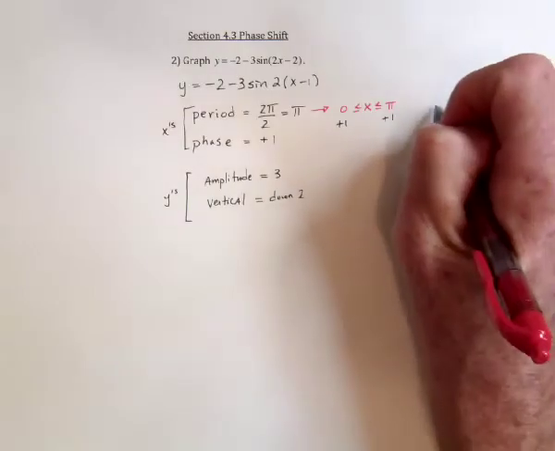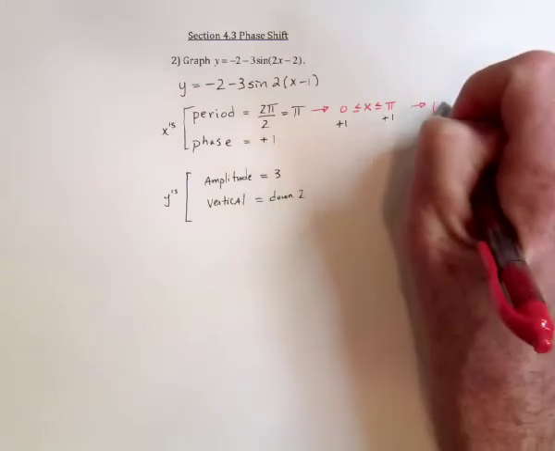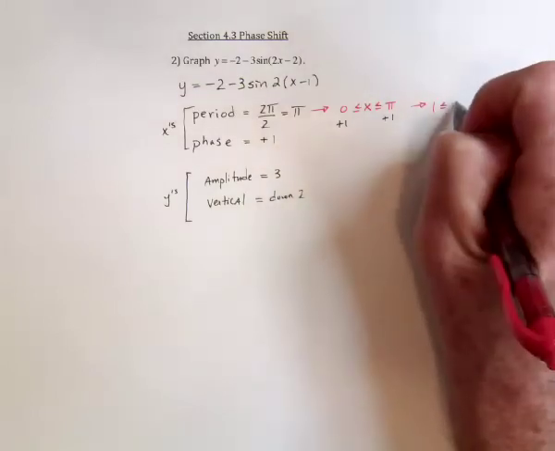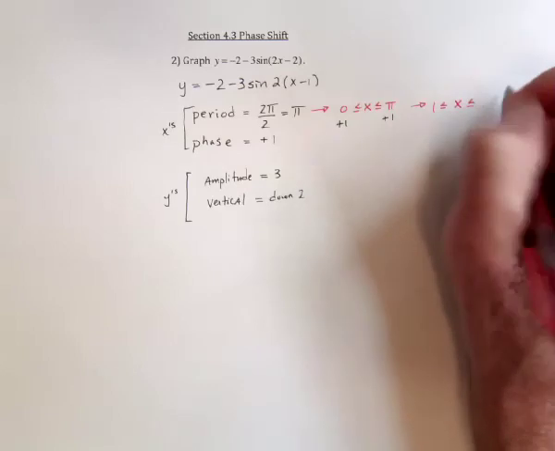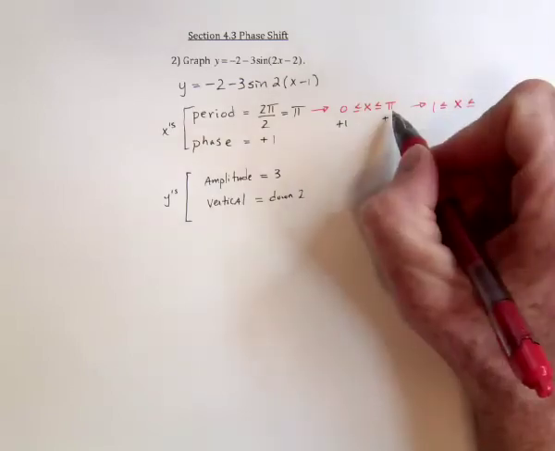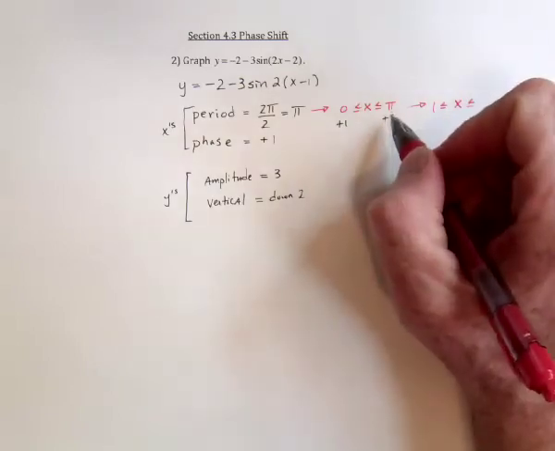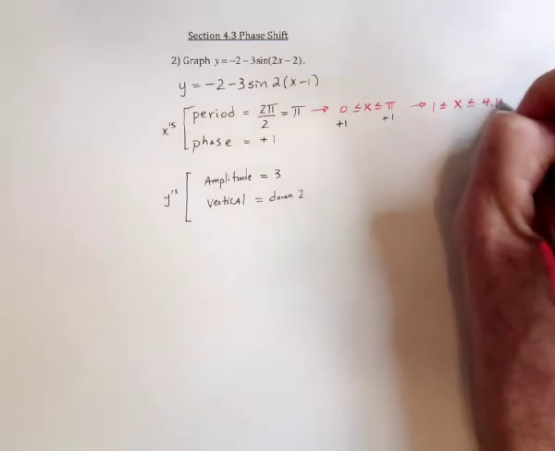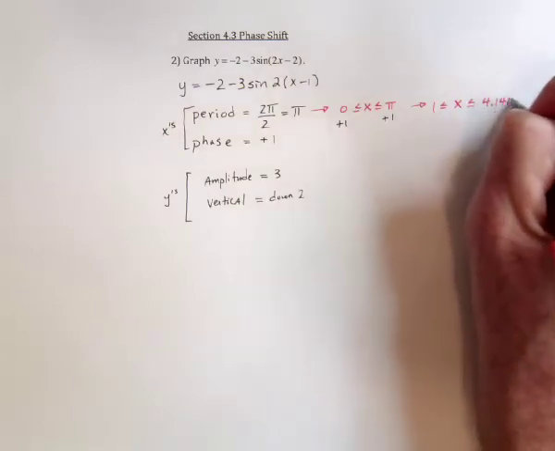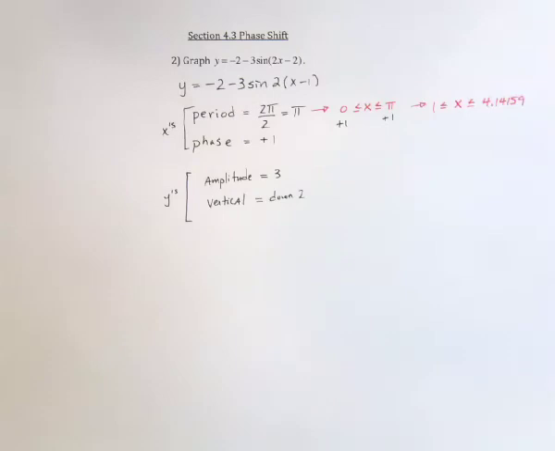So it's going to be from 1 to pi plus 1, and so that I know where that is on the number line, pi is 3.14159. So if you add 1 to that, it's going to be 4.14159. That's probably enough accuracy.